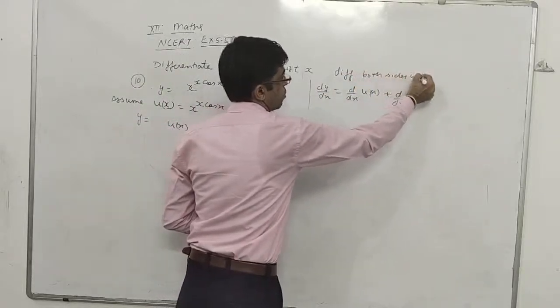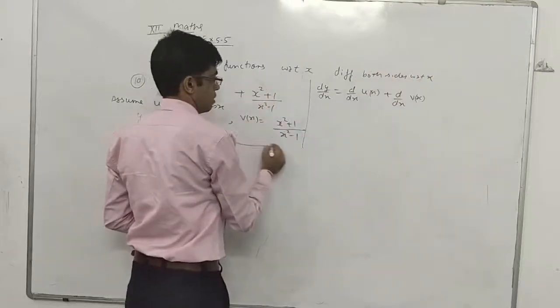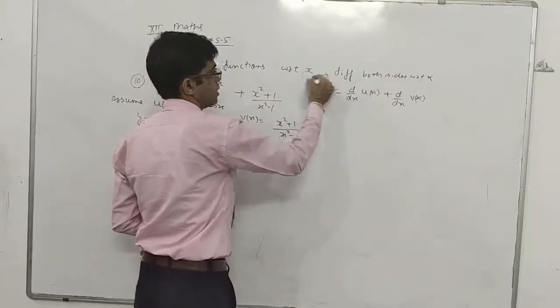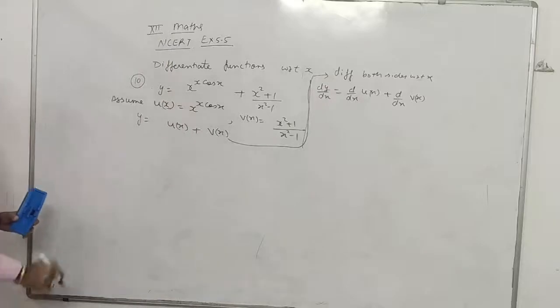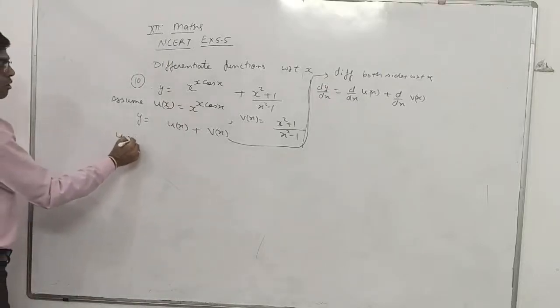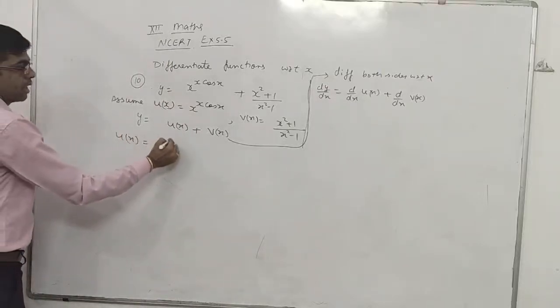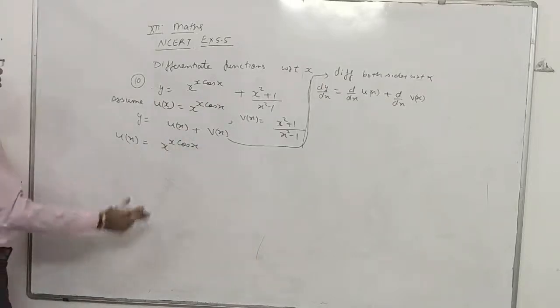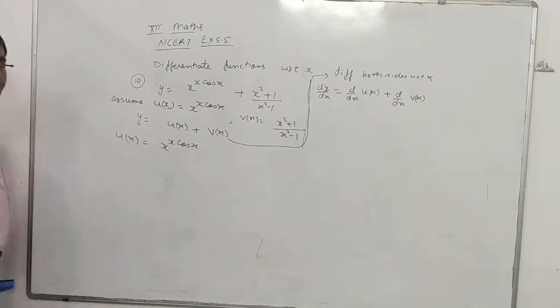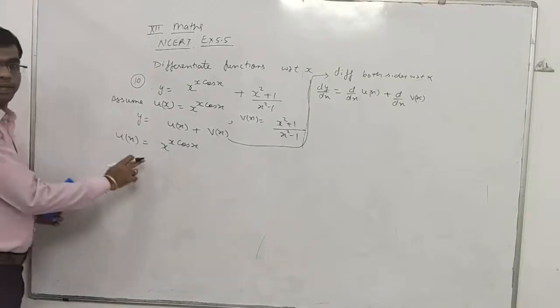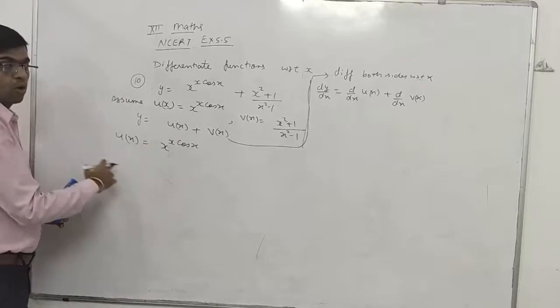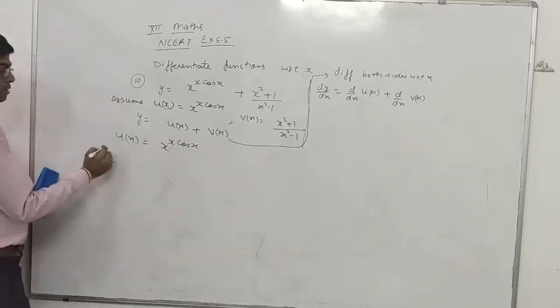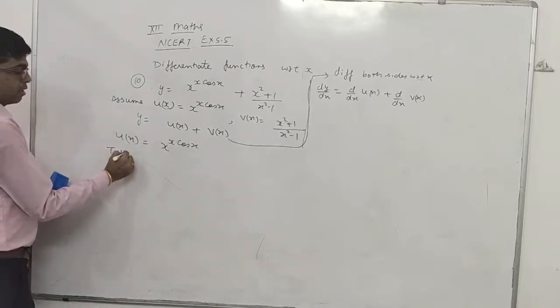Differentiating both sides with respect to x. So firstly we will take u(x) function as x raised to the power x cos x. Function raised to the power function. How will we solve this function raised to the power function? Taking log both sides.